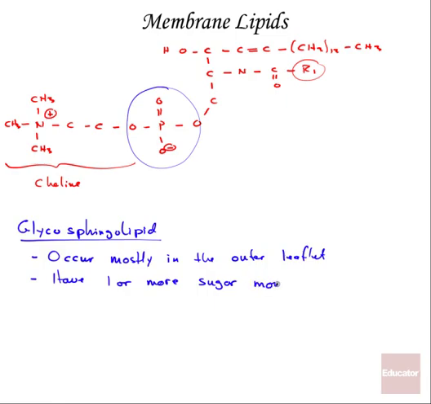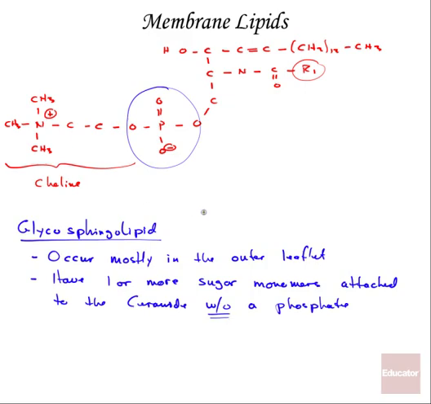Sugar monomers attached to the ceramide backbone, attached to the ceramide without a phosphate linkage. So that's what's important.